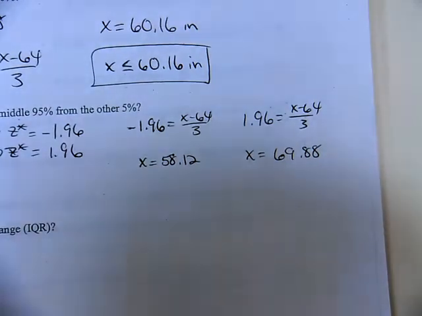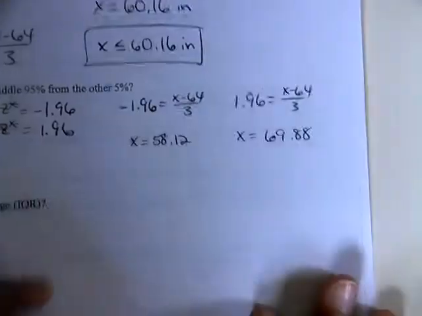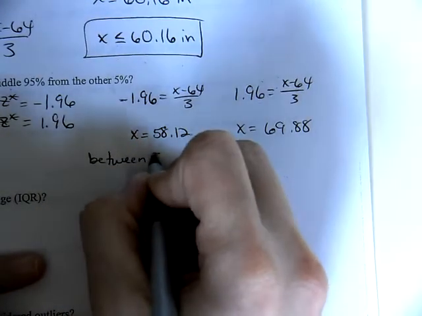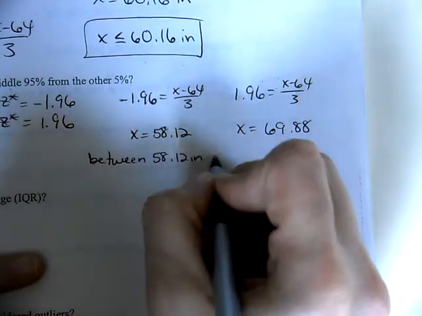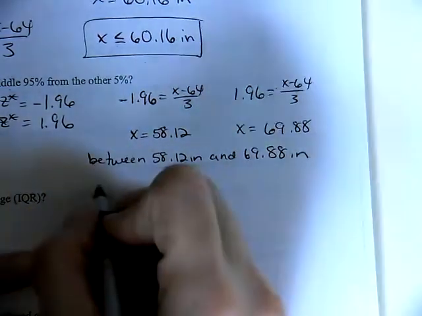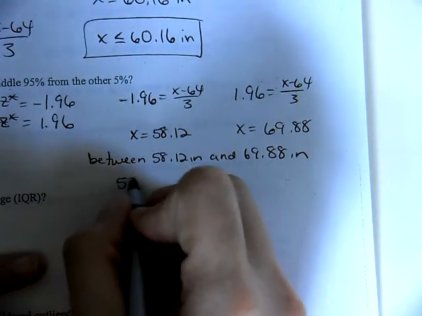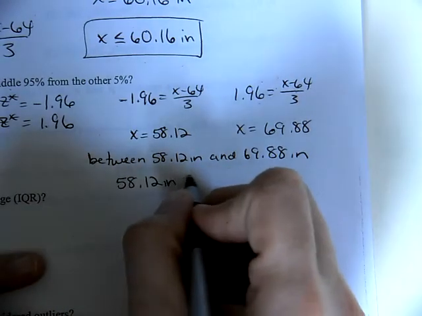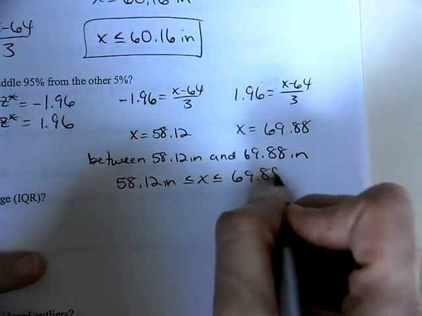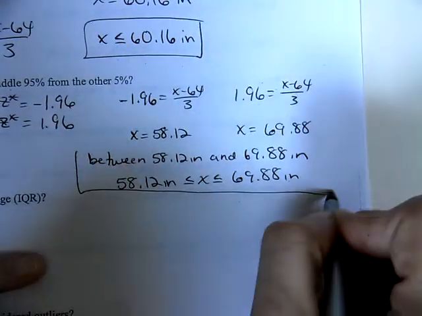You can write it two ways, depending on however you want to write it. You can say it's between 58.12 inches and 69.88 inches. Or you can write it mathematically: 58.12 inches less than or equal to x, less than or equal to 69.88 inches. Either way, I'll give you full credit.